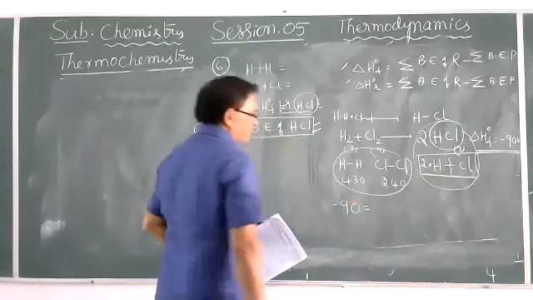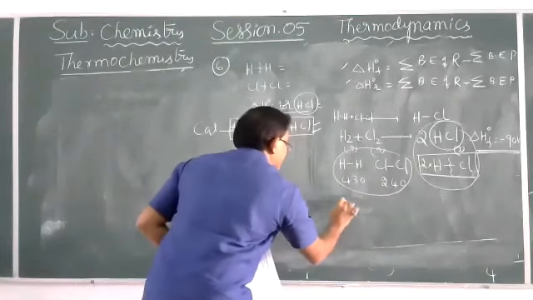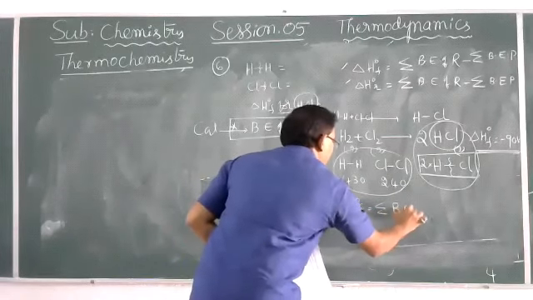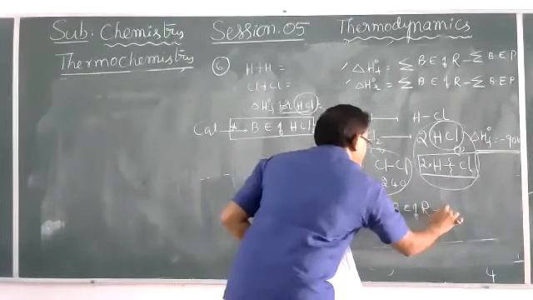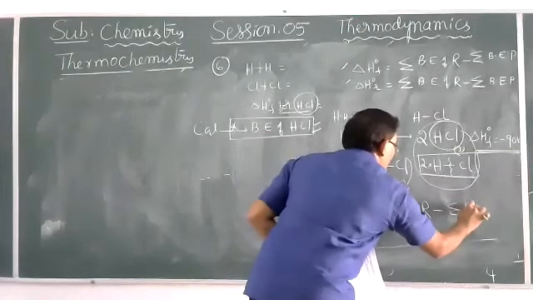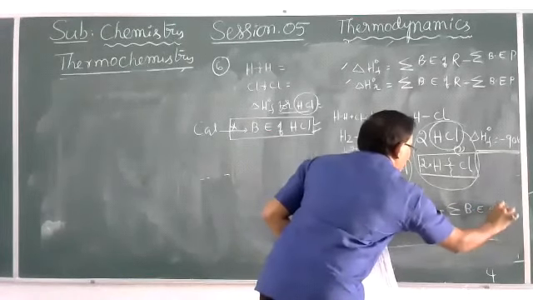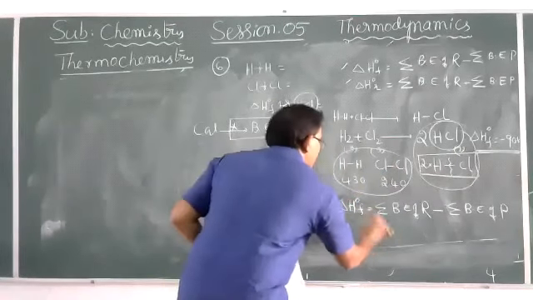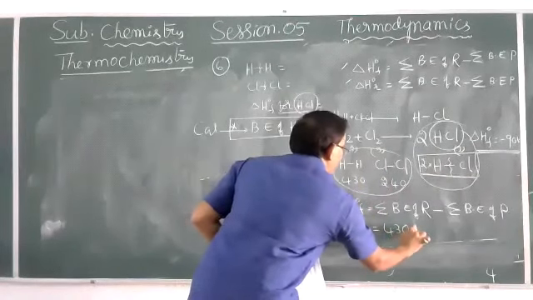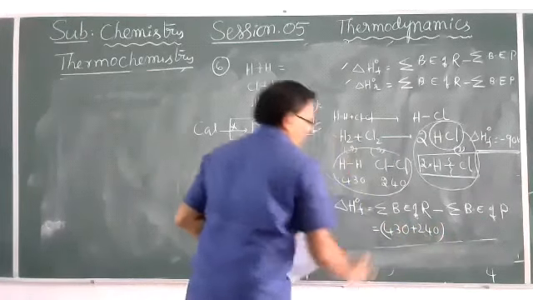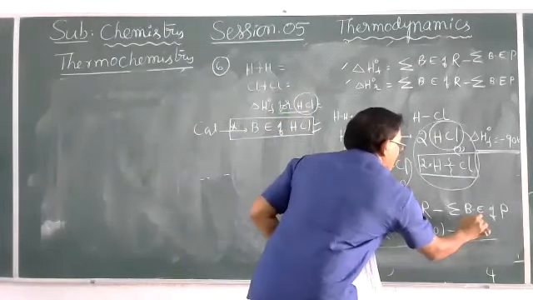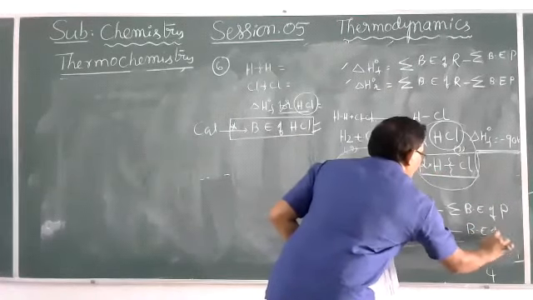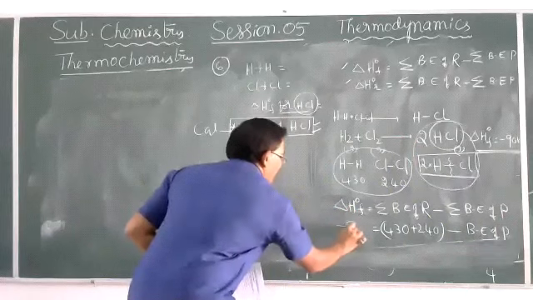The formula I will write: delta H naught f is equal to the summation of bond energies of reactants minus the summation of bond energies of products. These are the reactants: 430 plus 240 is the reactant sum. Minus the product, HCl, which we want. That is the bond energy of products.